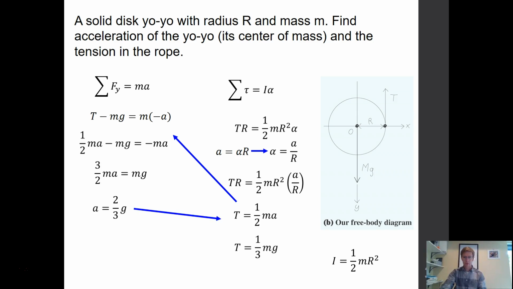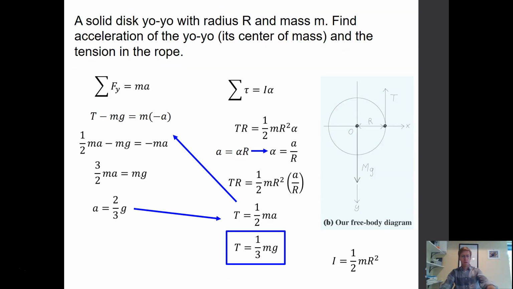Plugging that back in over on this other side, I find that my tension is just equal to 1/3 the weight of the yo-yo. So it's accelerating downward at 2/3 the rate of gravity, less than what it normally would be because of the rotational motion, and the tension in the string is 1/3 the weight of the yo-yo. Pretty cool.